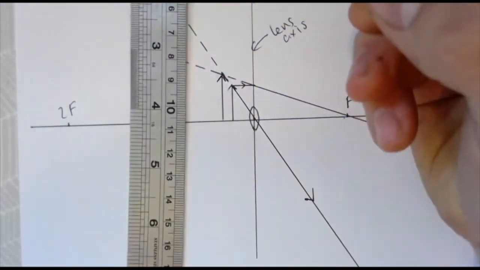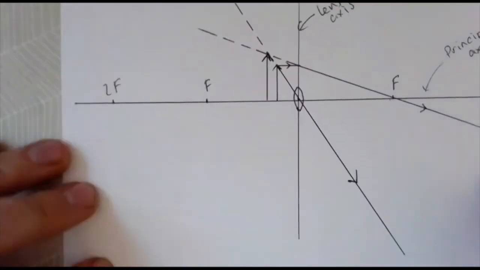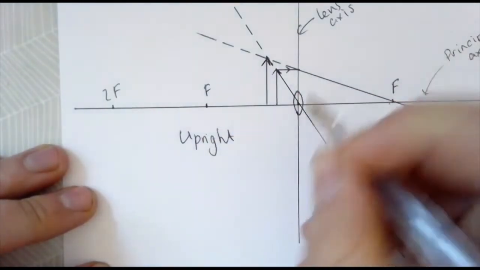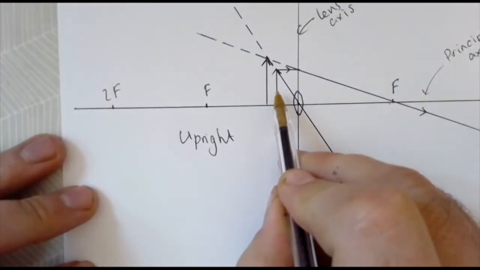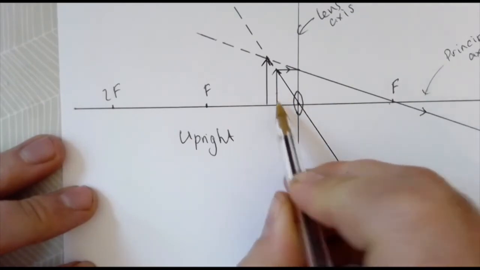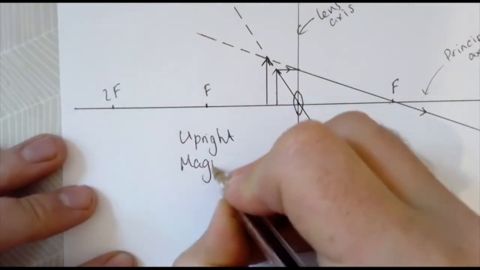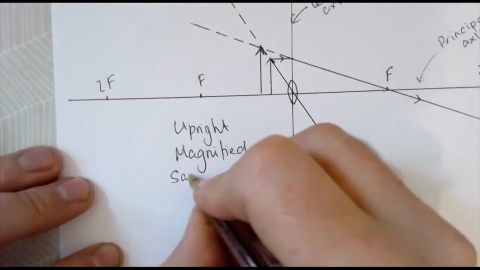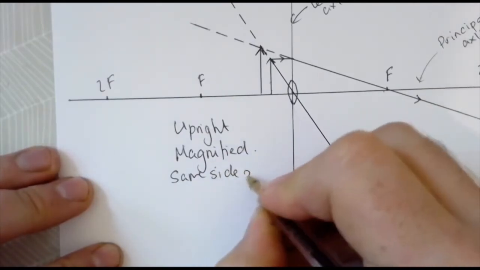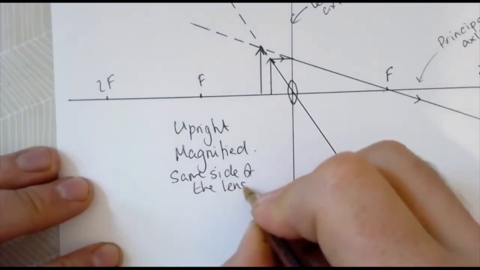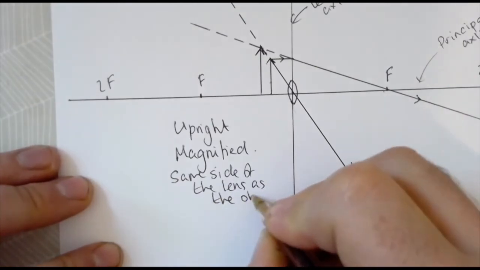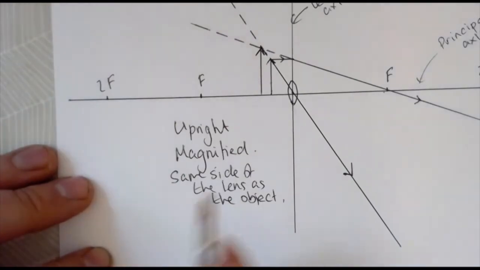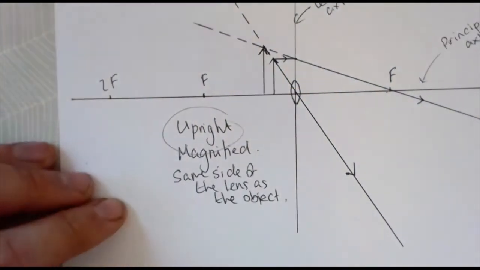So you'll notice this time that our image is upright. And when we look at it in comparison with the object, it's much larger. So it is magnified, and it's on the same side of the lens as the object.